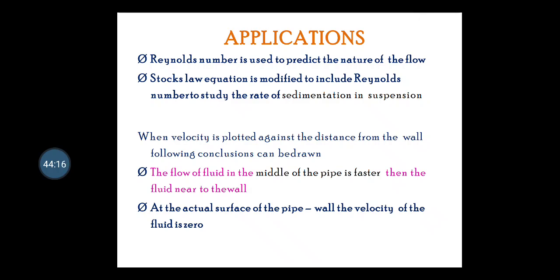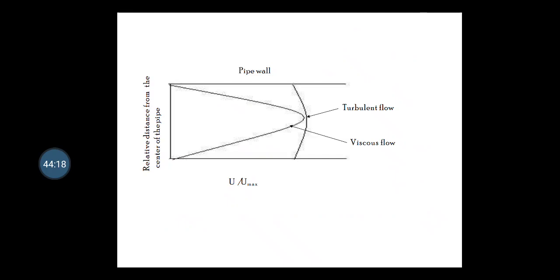Yes, this next diagram shows you the variation in the velocity of flow across the cross section. When the local velocity of the fluid is plotted against the distance from the wall, different types of conclusions can be drawn from this diagram. First of all, we should know what the components of this diagram are.